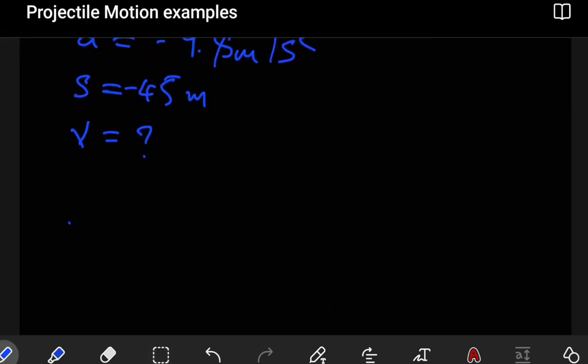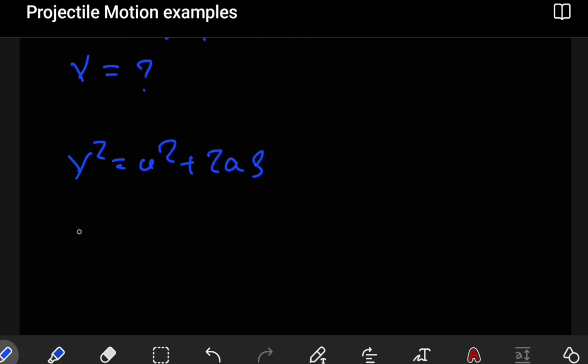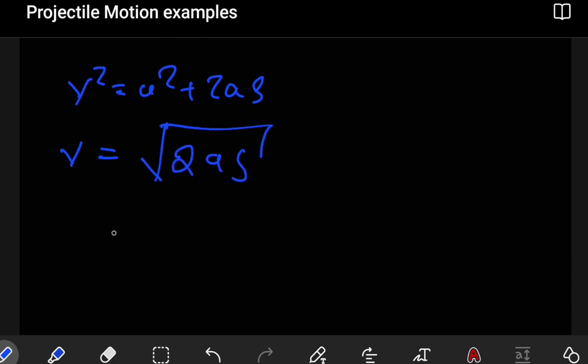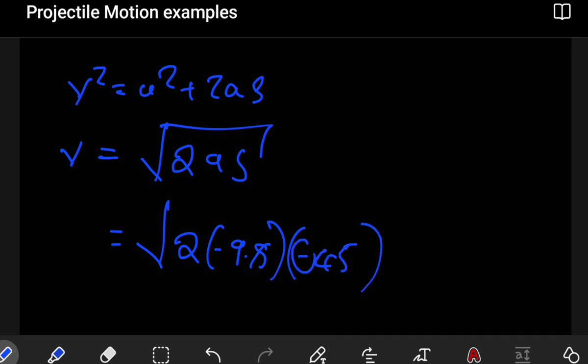Your equation now would have been v squared equals u squared plus 2as. But your u squared is 0, that's the initial velocity. So v is just equal to the square root of 2as. In this case, we get the square root of 2, the acceleration, minus 9.8, the height, that's minus 45. Notice that if you forget any of the negatives here, you'd have problems.